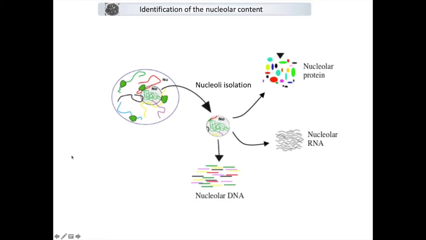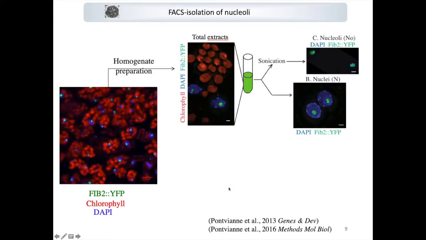To identify and reveal these different functions, one way is to isolate nucleoli and identify their content in protein, RNA, or nucleolar DNA. In our lab, we developed a way to purify nucleoli using fluorescence-activated cell sorting.